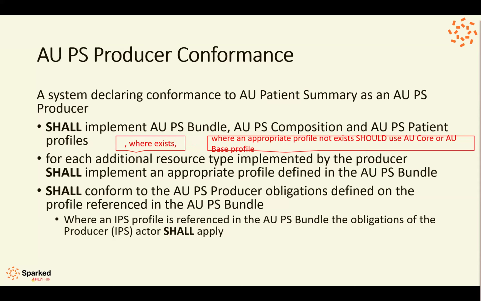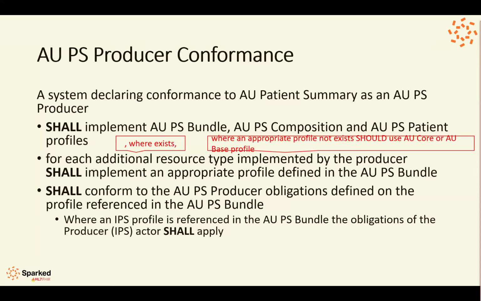Is that what I'm hearing here? Suppose a composition contains medications, requests, allergy, immunization, and related person. That's what we had agreed, right? Do we need to wait for AU Core compliance before we conform with AUPS? Yeah, I absolutely think so.